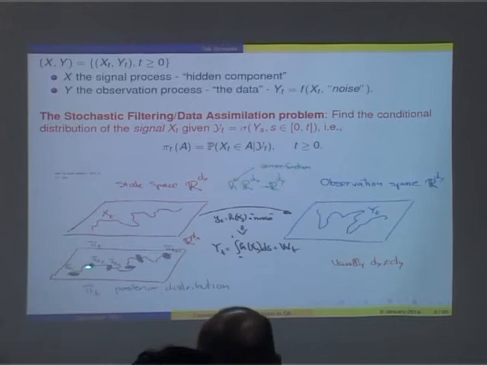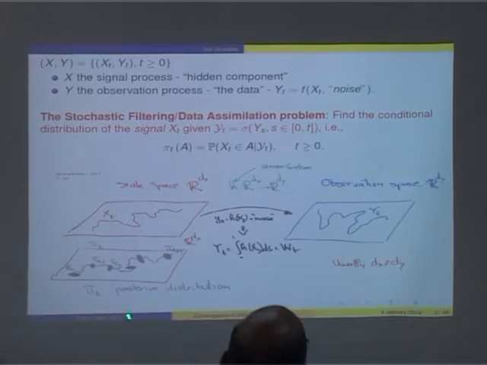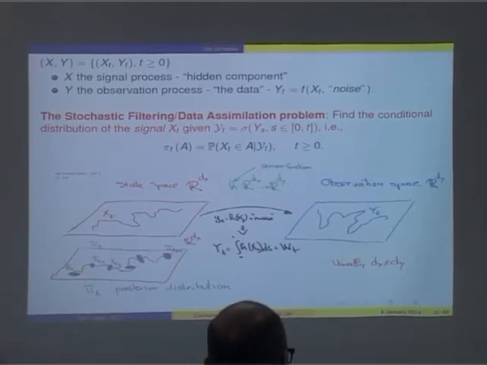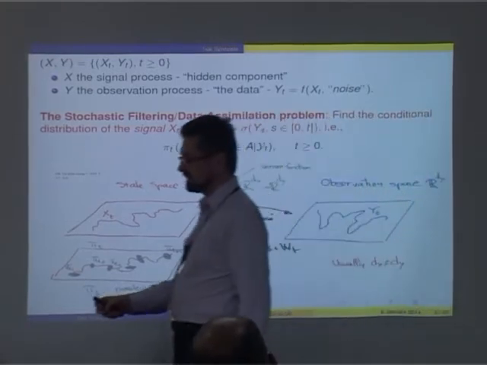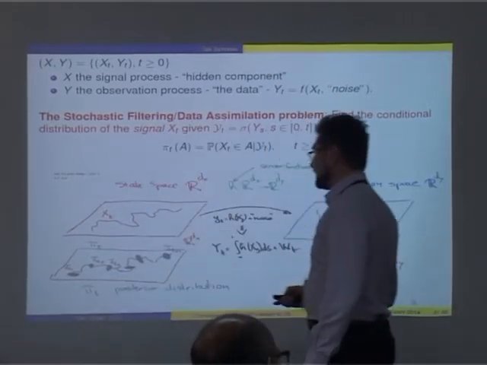I drew some blobs to show that we want the distribution, not just one point estimate of the position of the signal. But if you want an estimate of the position of the signal, you can use, for example, the mean of that distribution, and that will give you what you want.